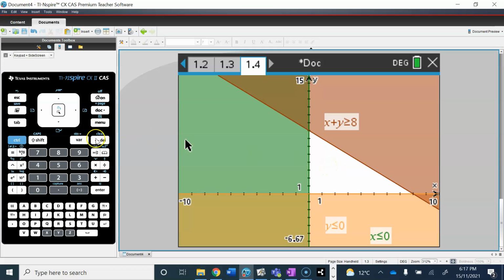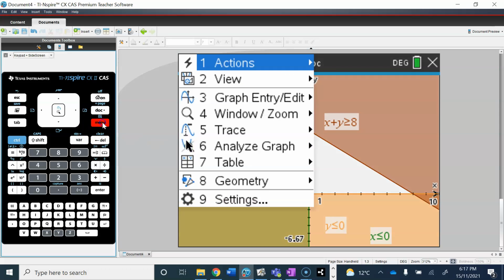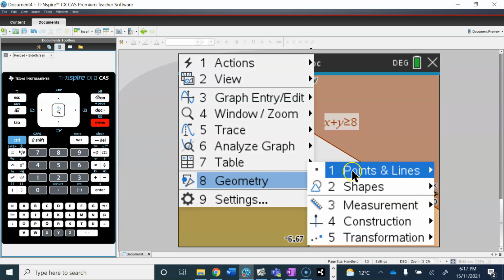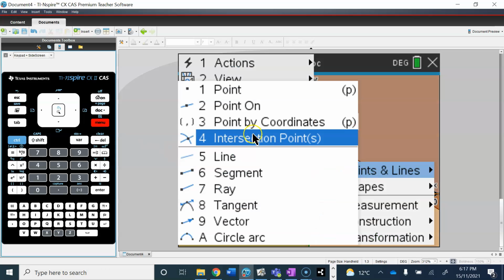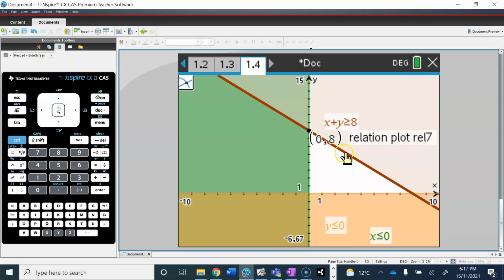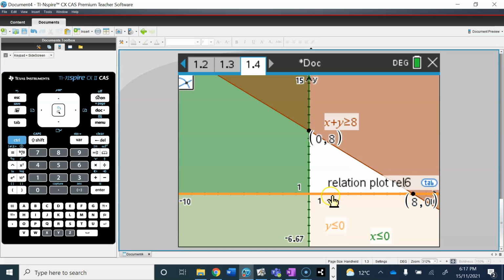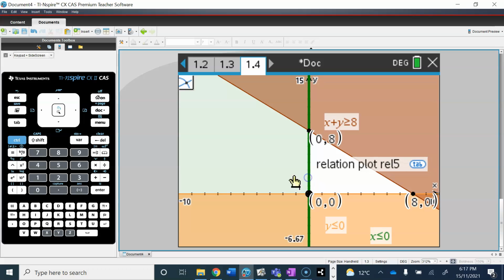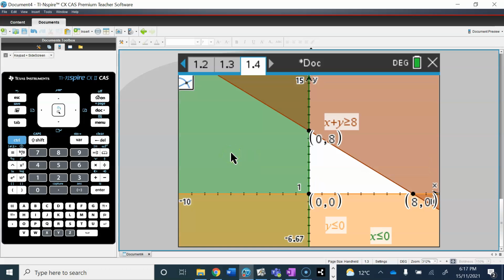And then if I do my menu 814 again, my intersection one, menu 814, then it's just a matter of going click the green one and the brown one, and then click the orange one and the brown one, and then click the orange one and the green one. And I've gone bang, bang, bang, 3 corner points.